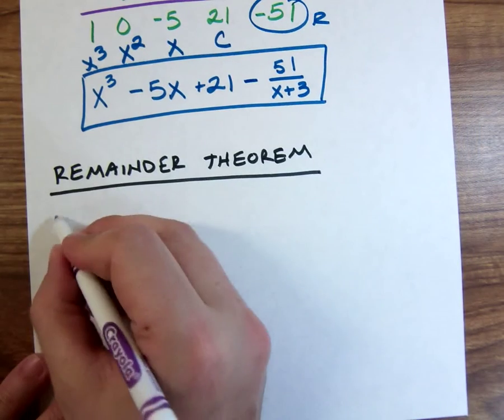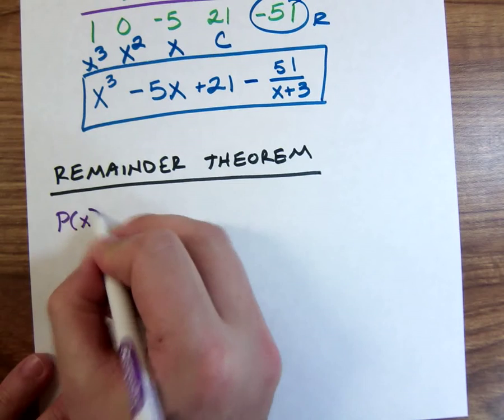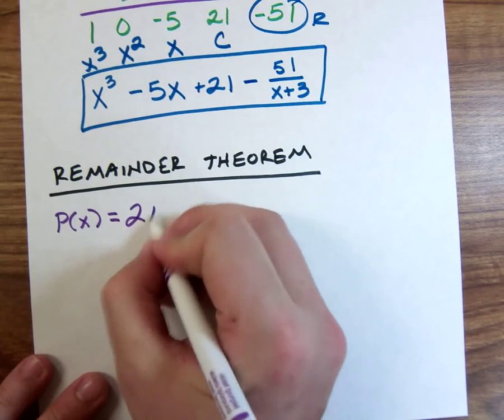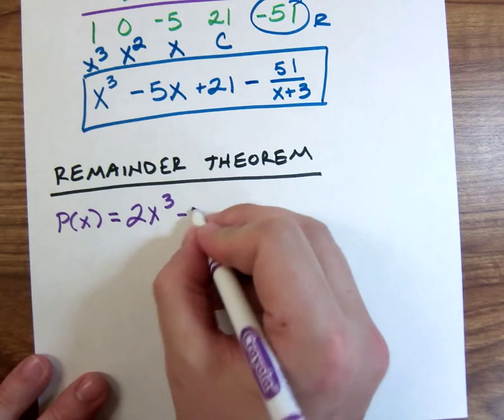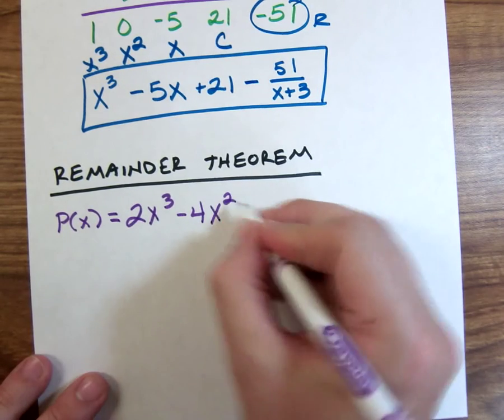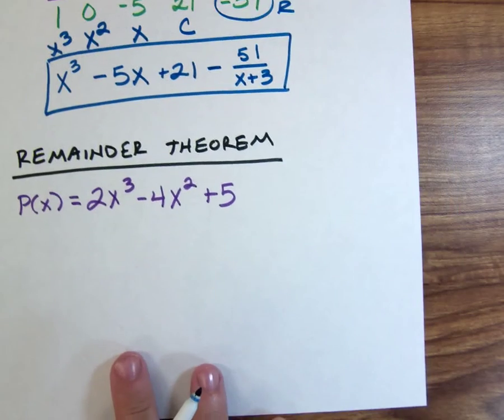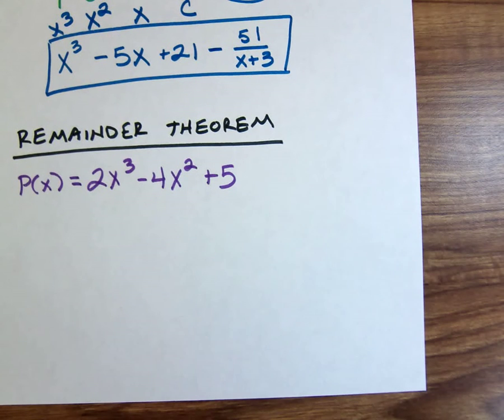Let me give you an example of a function. In function notation, p of x equals 2x cubed minus 4x squared plus 5. There is a function in function notation. The p of x is the thing that puts it in function notation.